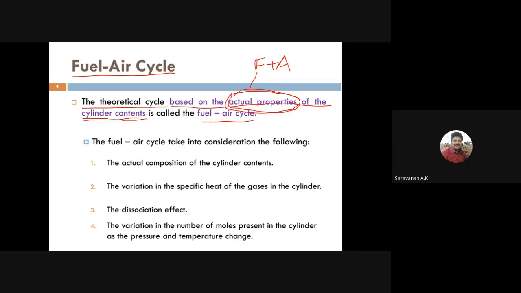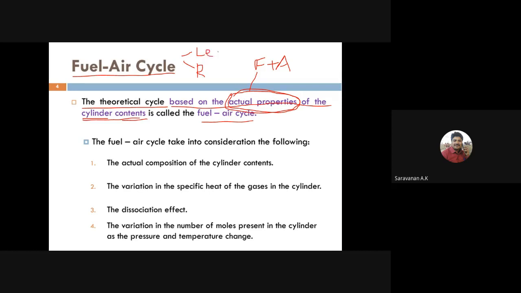According to the amount of fuel, we can classify what is a lean mixture and what is a rich mixture, right? If the amount of fuel is comparatively low in the mixture, it is called a lean mixture.